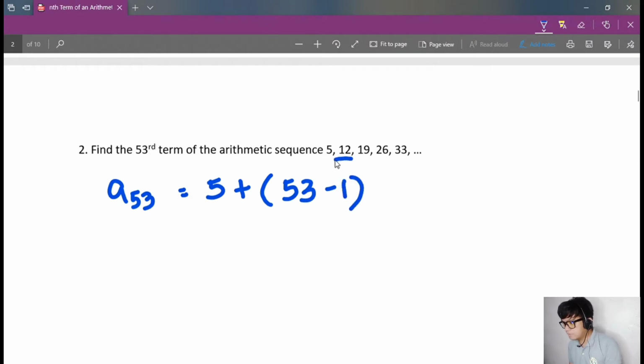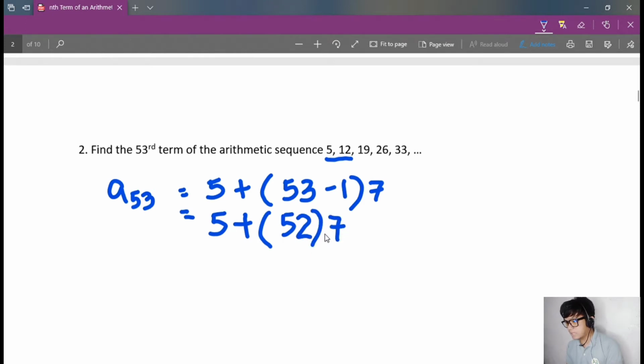The common difference is ito dalawa. So, 12 minus 5 is 7. So, our common difference is 7. So, we will simplify. So, that is 5 plus 53 minus 1 is 52 times 7.